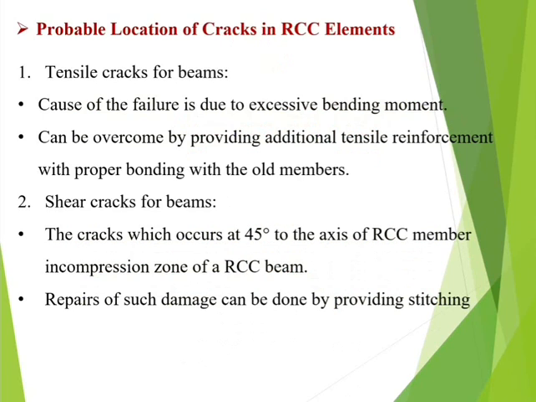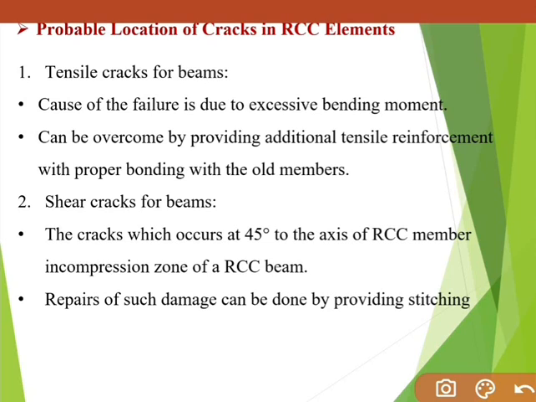First of all, see the probable location of cracks in RCC elements. What are those probable locations? First, tensile cracks for beams. The cause of the failure is excessive bending moment.